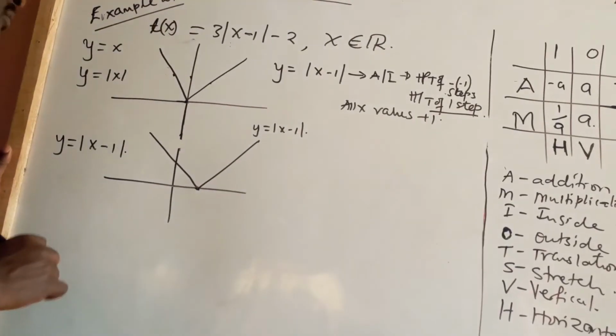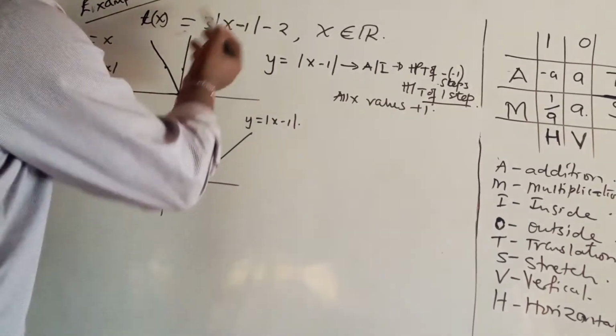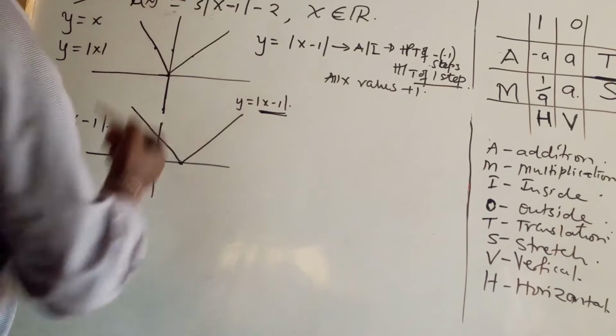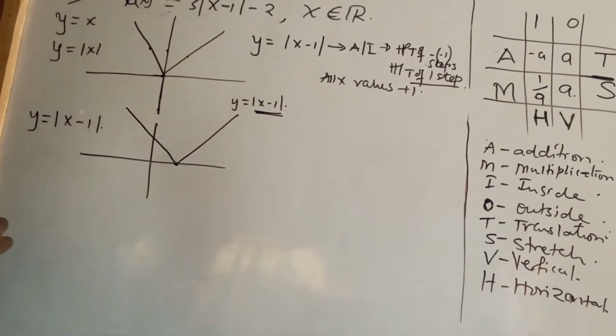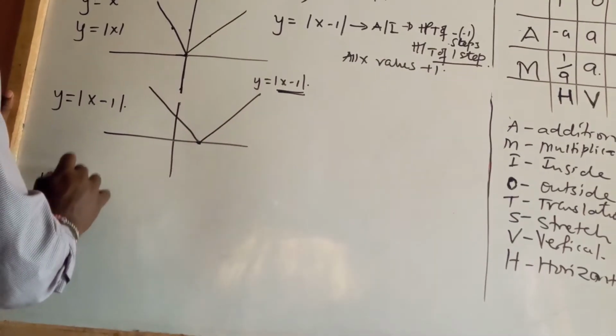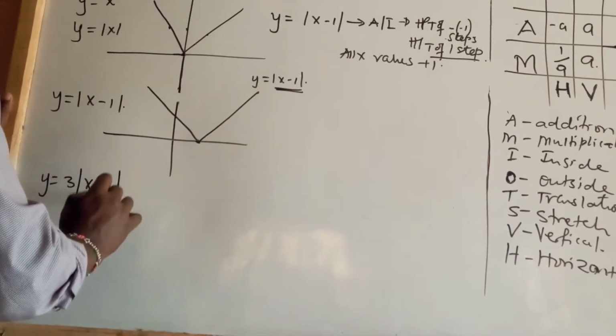Having done that, you can already see that it is now multiplied by 3. This gives y equals 3 times the modulus of x minus 1.